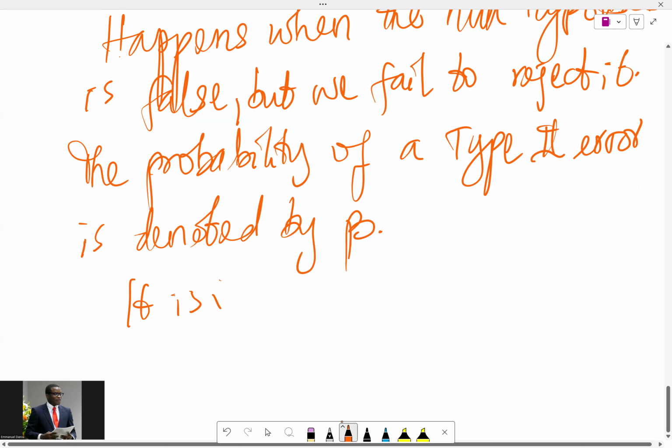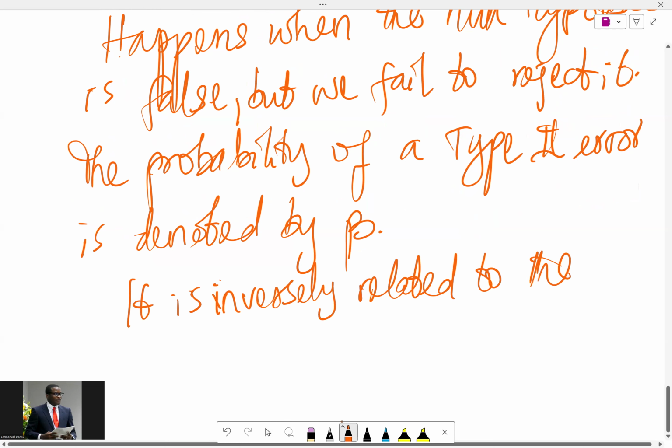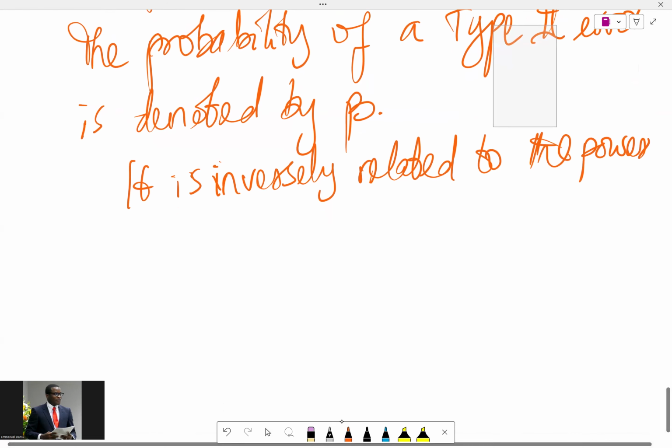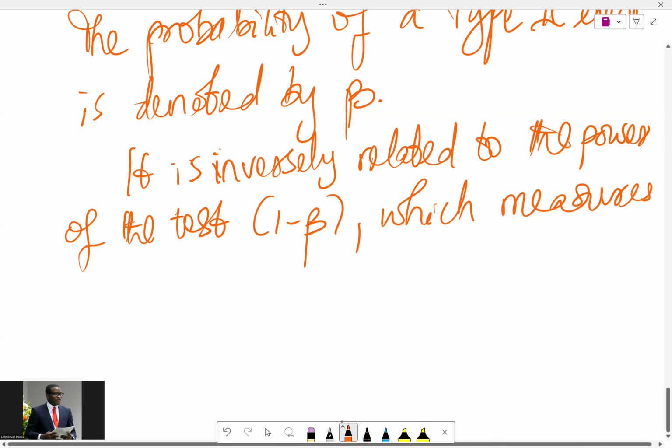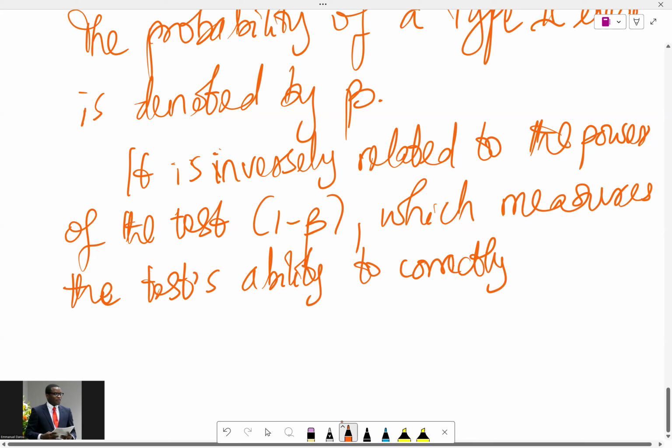It is inversely related to the power of the test, which is 1 minus beta, which measures the test's ability to correctly reject a false null hypothesis.